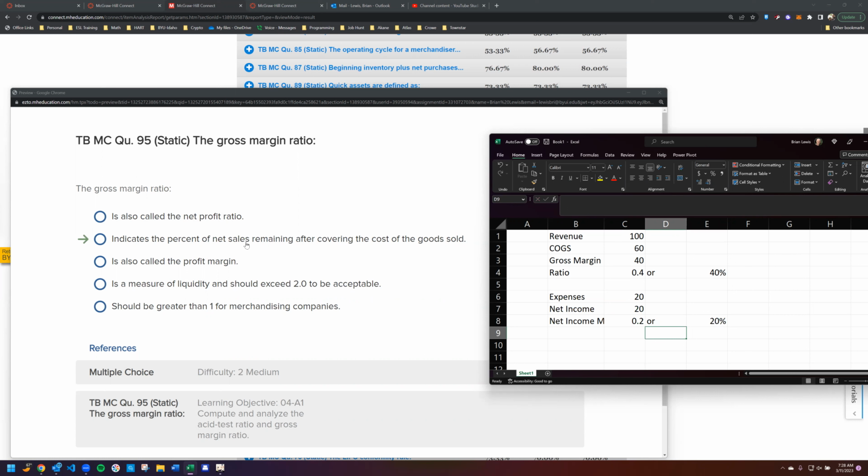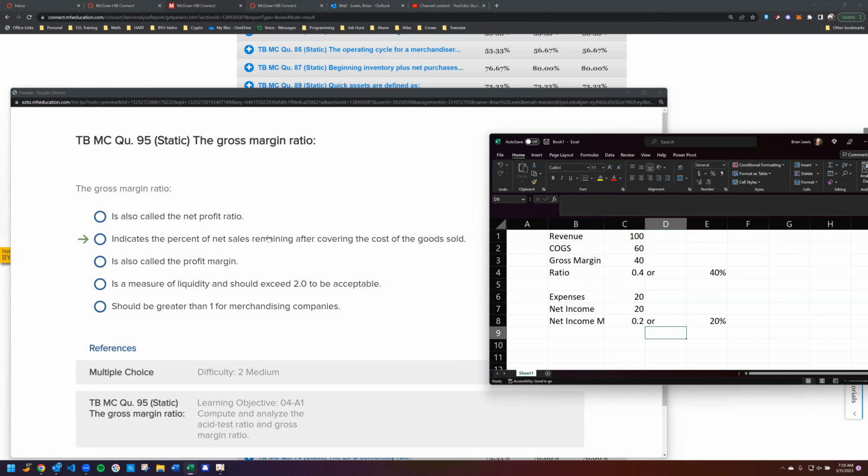Indicates the percent of net sales remaining after covering the cost of goods sold. This is what's remaining from revenue or net sales after you cover cost of goods sold. So yes, this would be an option. We know this is the option, but let's just go through this.